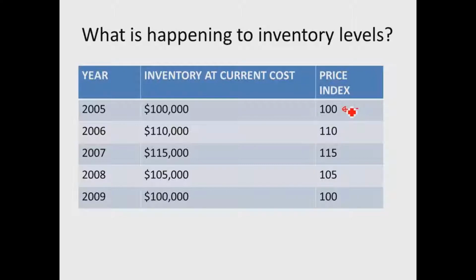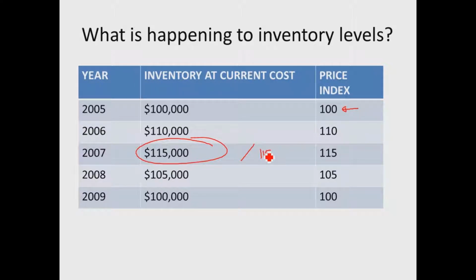And that's kind of the way you want to think about price indices. They're basically converting, okay, they're a mechanism for converting current costs into old costs. So how do I do it? Well, I just take the value of my inventory right now, I divide it by the price index, okay, and that'll tell me what it would have cost in base level prices.